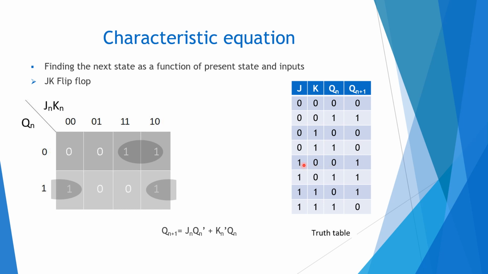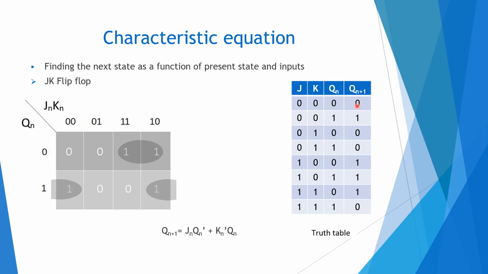When J equals 1 and K equals 0, Qn plus 1 will be 1. When J equals 1 and K equals 1, this is toggle mode, and Qn plus 1 will be the inverted state of Qn. That is, if Qn equals 0, Qn plus 1 equals 1, and if Qn equals 1, Qn plus 1 equals 0.